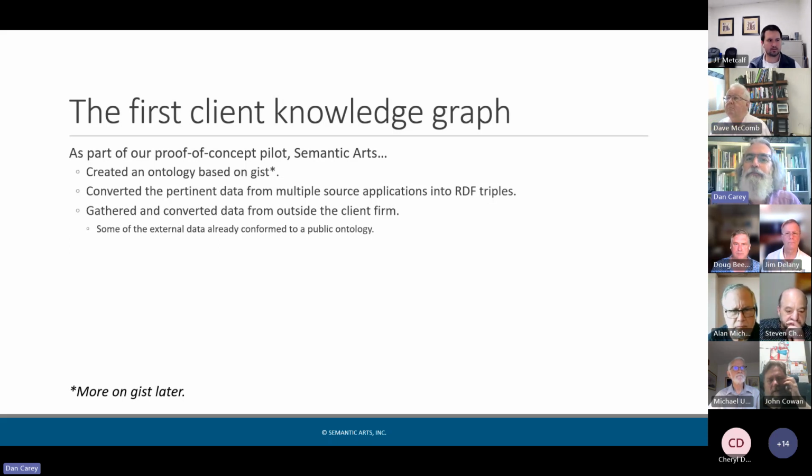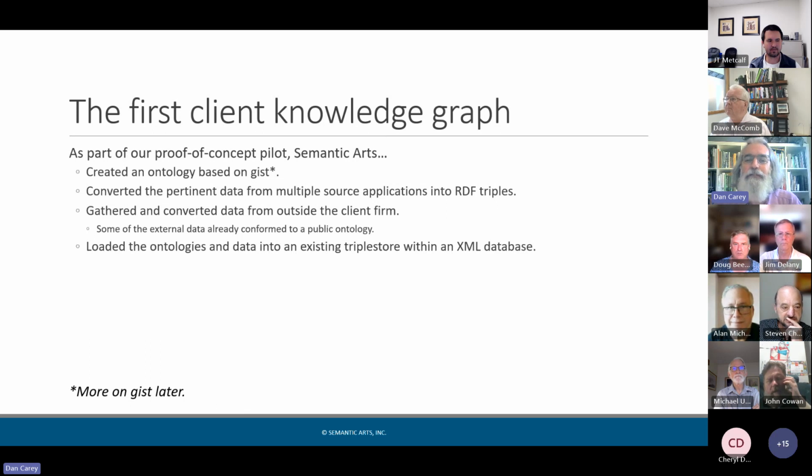Some of that already conformed to an external ontology. I think this part in particular, we were bringing in content from WordNet, but there was an existing ontology that at the time was named Lemon, but I think they've changed the name to something a little less off-putting. But we were able to bring in that ontology and that content as well.